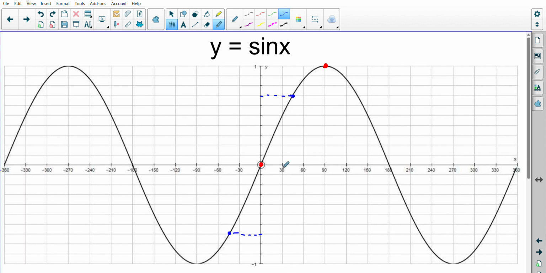So that must mean then that sine of minus 45 degrees is equal to minus sine of 45 degrees. So whatever sine 45 degrees is, the negative of it. Well, then I've got it in terms of 45 degrees.